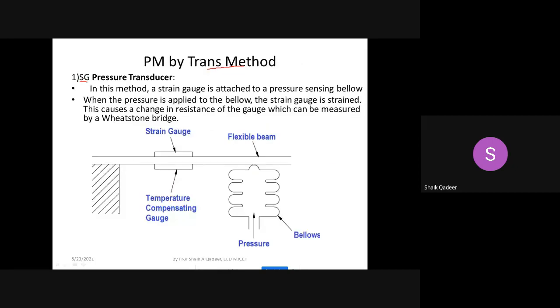You see here, we have a bellows that we have discussed in last class. So this bellows gets the application of pressure, and this bellows performs pressure into displacement conversion. So here, what is the intermediate quantity? Please answer this question. Displacement. Great. So here the intermediate quantity is displacement.